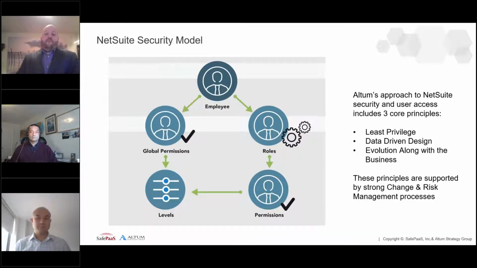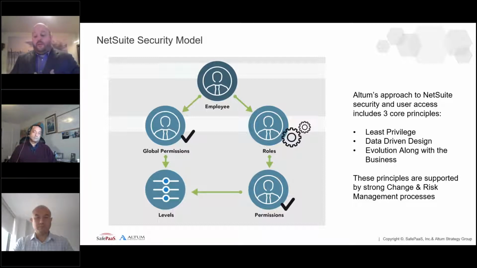Use data-driven design, looking at the logs to make sure that when a business user asks for access to a certain area within NetSuite, they really do need that, and the access really does model their true needs. And of course, putting a process in to evolve along with the business.